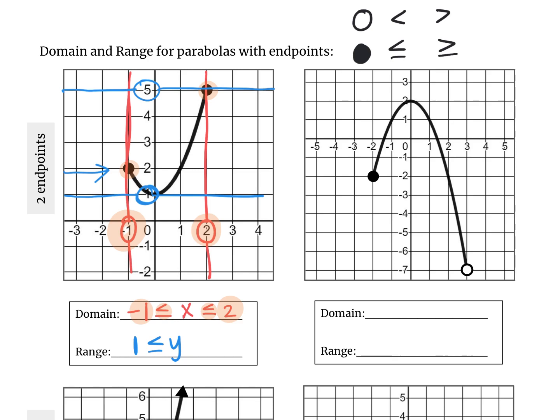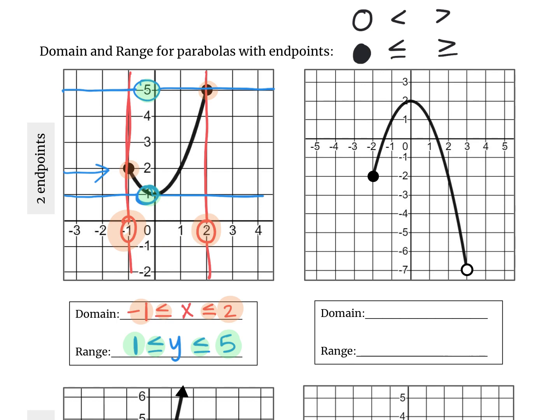So all the y values have to be less than or equal to that value of 5. So we started where y is 1, and that's where I got this number. We ended where y is 5, that's where I have this number. Because I have closed circles or a vertex, that's why I have the less than or equal to signs for both.